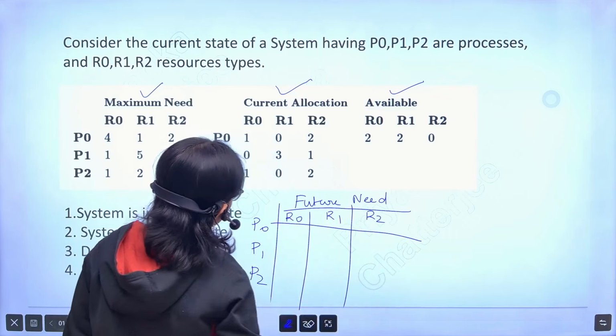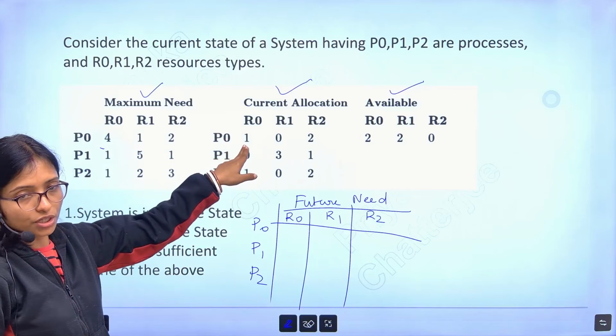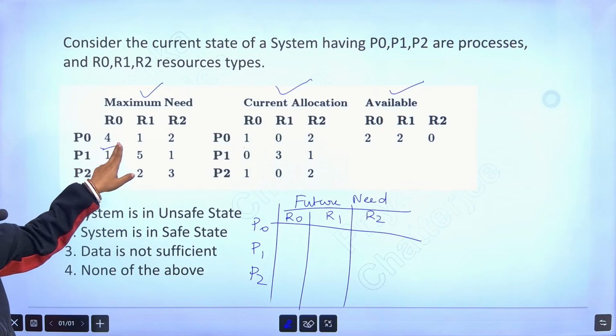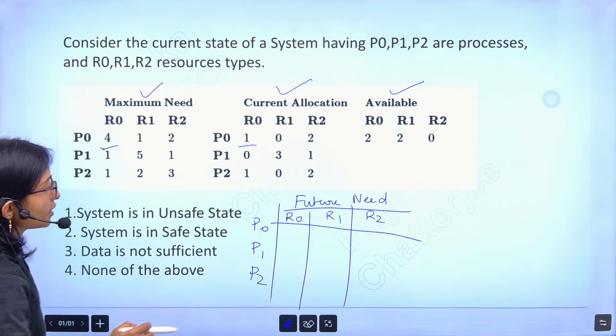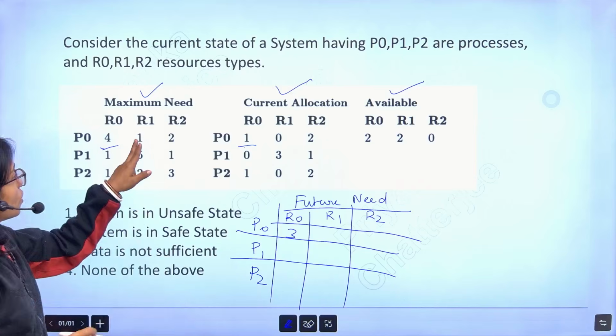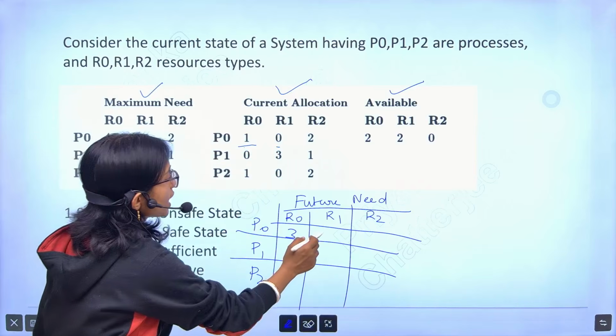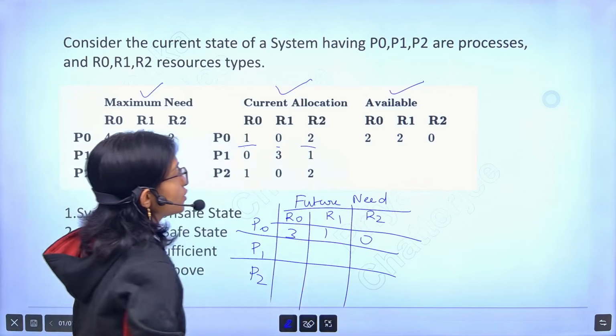Now see here, what I am doing, maximum need minus current allocation, okay. Maximum need minus current allocation means 4 minus 1, that is 3. 1 minus 0, that is 1. 2 minus 2, that's why 0.